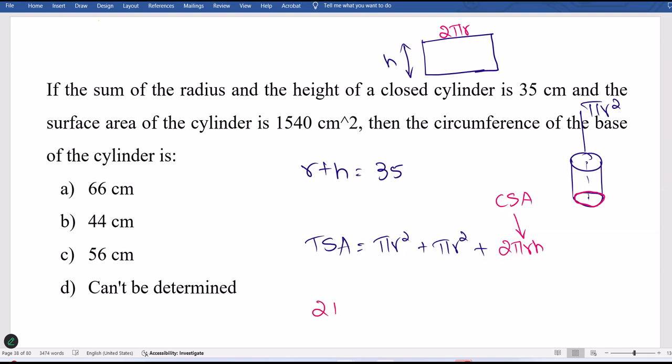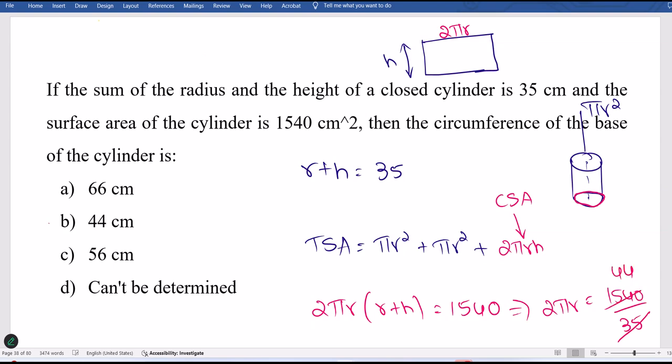Now 2 pi r can be taken common. The total surface area is given as 1540. The question is regarding the circumference of the base, which is 2 pi r. You have to calculate 2 pi r. r plus h is given in the question, so 1540 divided by 35. This is one of the good questions. A lot of people may think it cannot be determined, but r plus h is available.